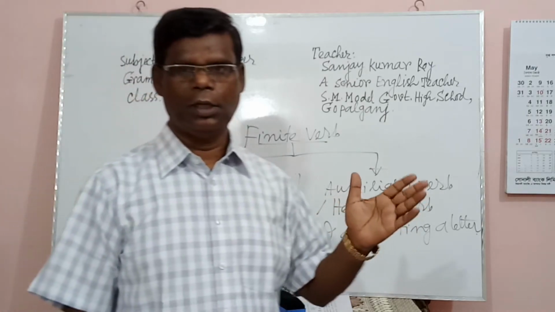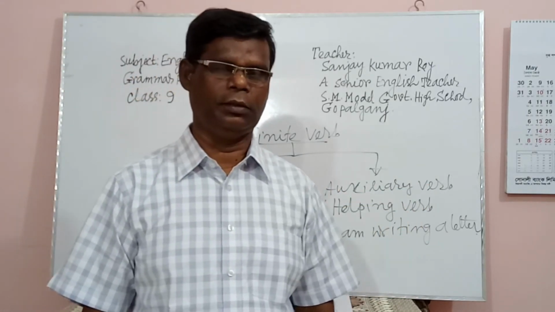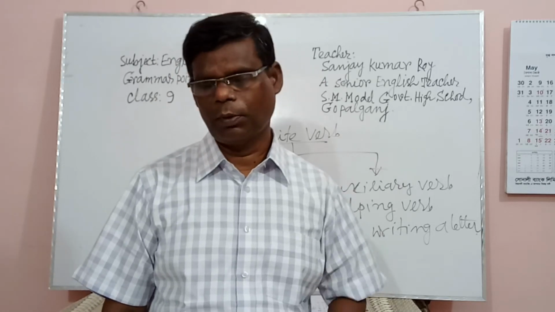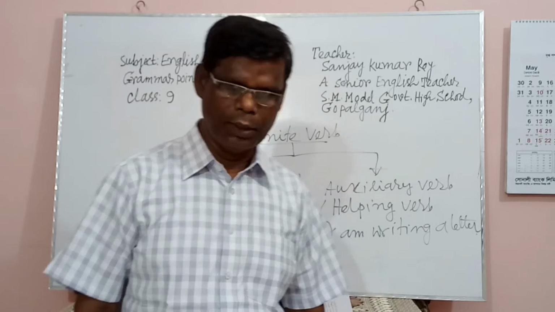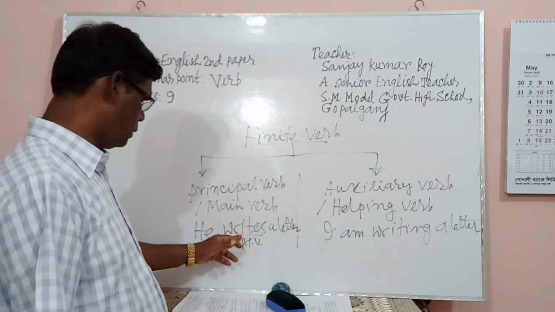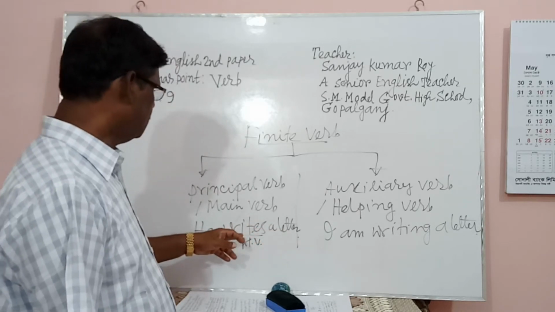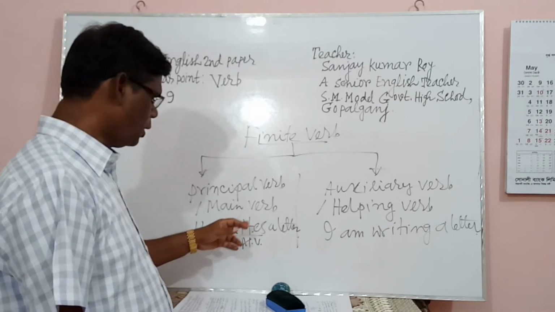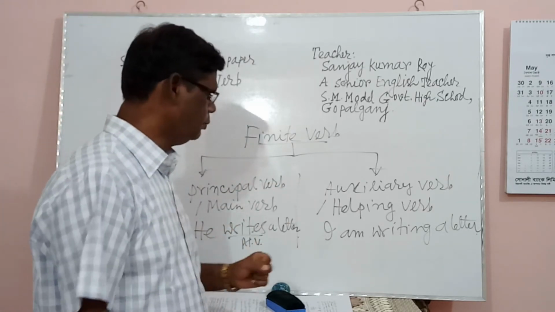Principal verb: the verb which is used independently without help from any other verb is called main verb or principal verb. Here write completes the sentence and it does not require any help from any other verb. So this is called main verb.